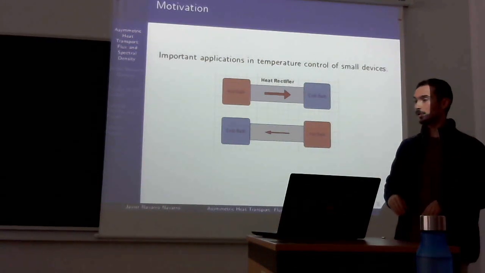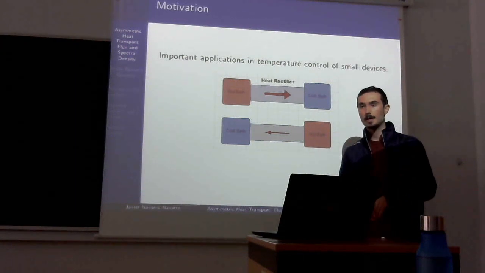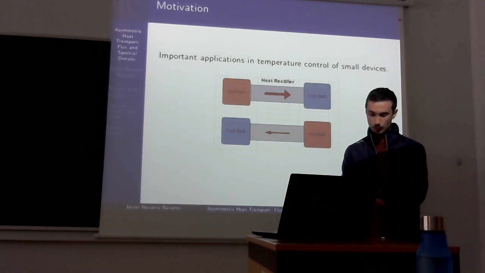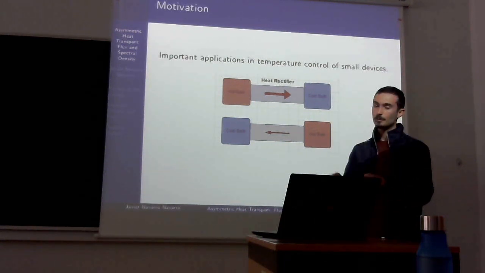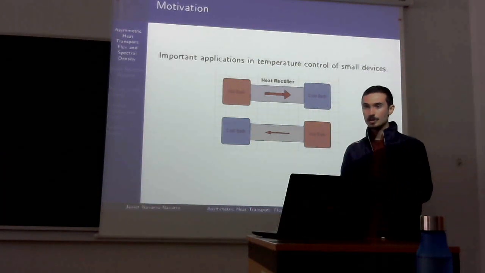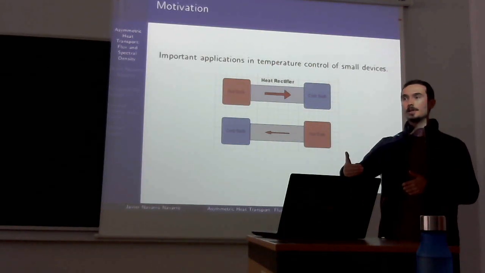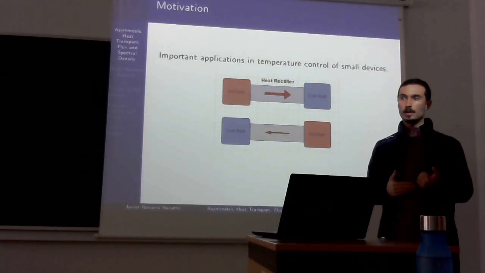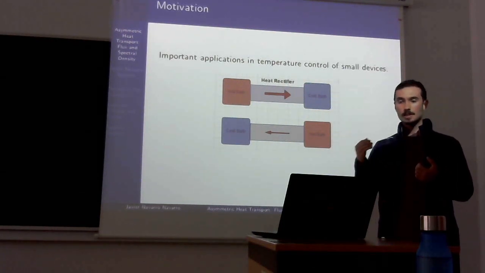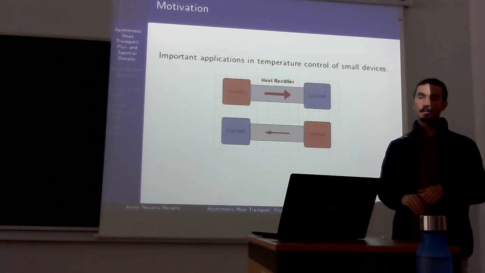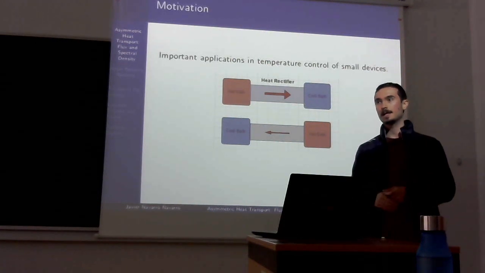Another folk theorem that is very popular says that when we have two systems in contact, and the frequency of the oscillation dynamics of one system is much bigger than the other one, then the dynamics of one system does not affect the other, and these two systems are not going to behave as a conductor.